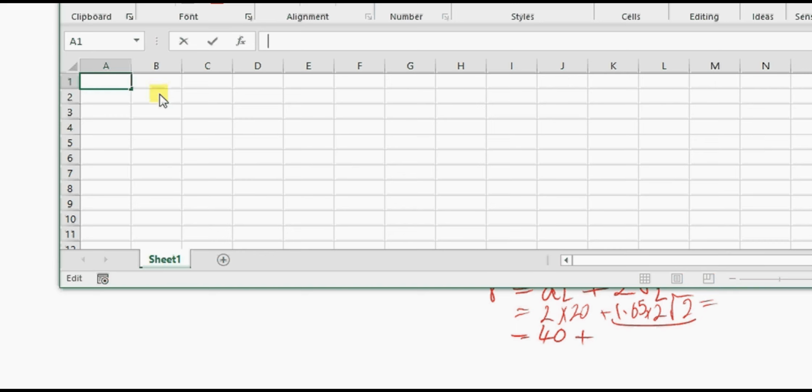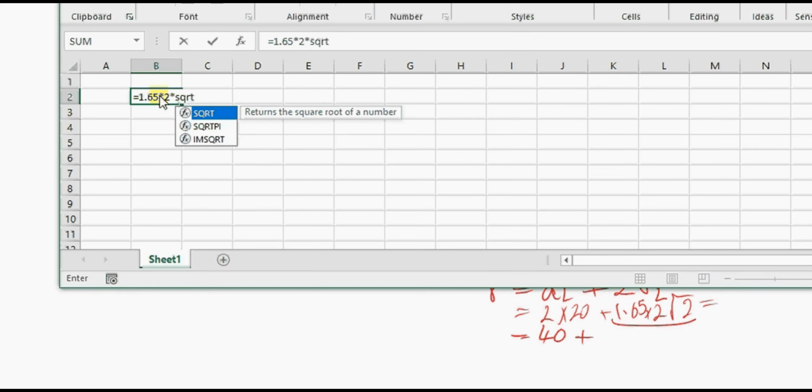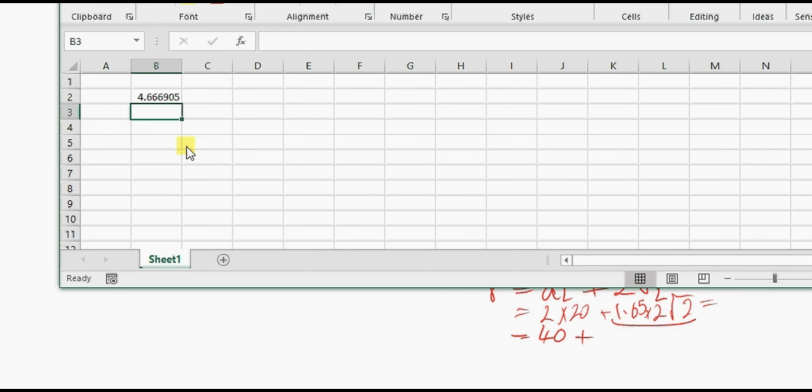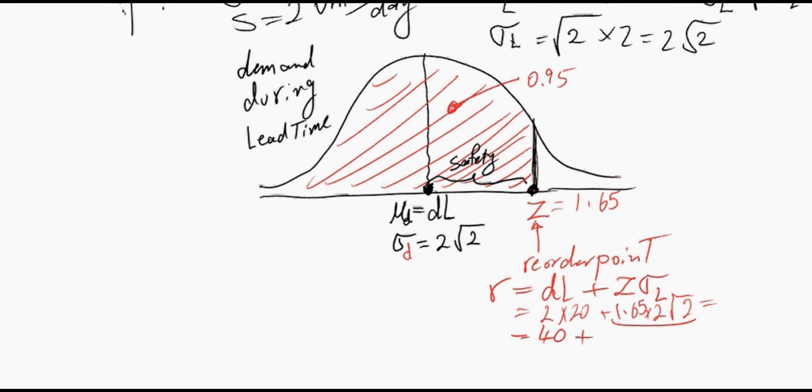So this equals 1.65 multiplied by 2 multiplied by square root of 2, which is 4.6669.